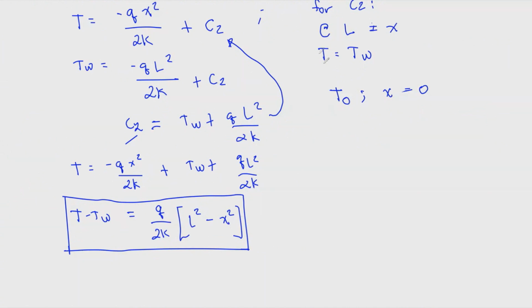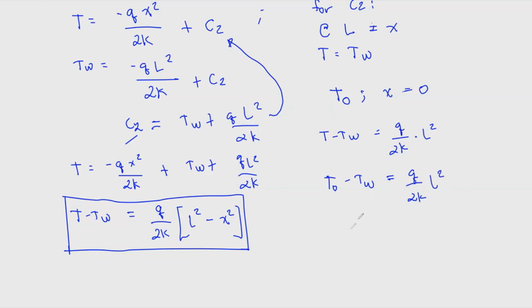So in this case, I'll have T minus Tw equal to q over 2k, and that will simply be multiplied with L squared, since we have x squared being 0. And since our temperature here is referred to as T0, what we get is T0 minus Tw is equal to q over 2k L squared.